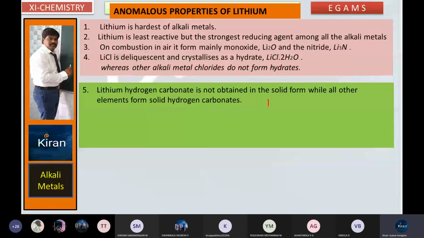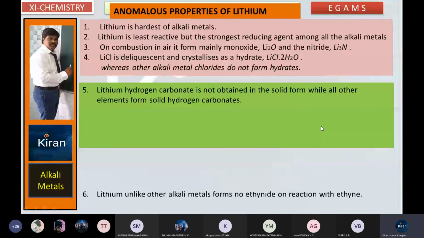For example, sodium hydrogen carbonate, NaHCO3. The same way, lithium hydrogen carbonate, LiHCO3. So lithium hydrogen carbonate is not obtained in the solid form. This is solid. This is an aqueous form. So that is a point.